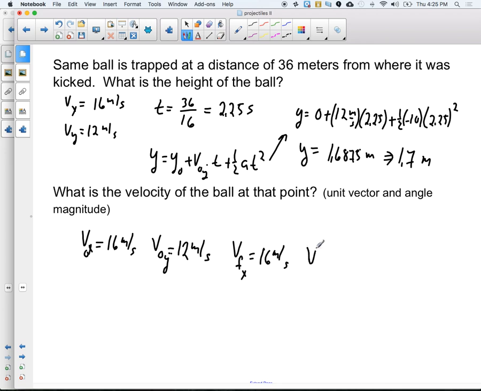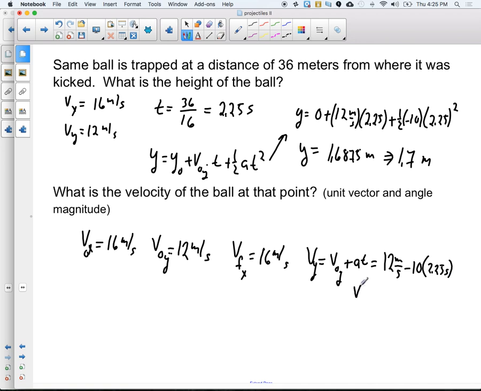The final velocity in the y direction is the initial velocity in the y direction plus at, and that looks like 12 meters per second minus 10 times 2.25 seconds.